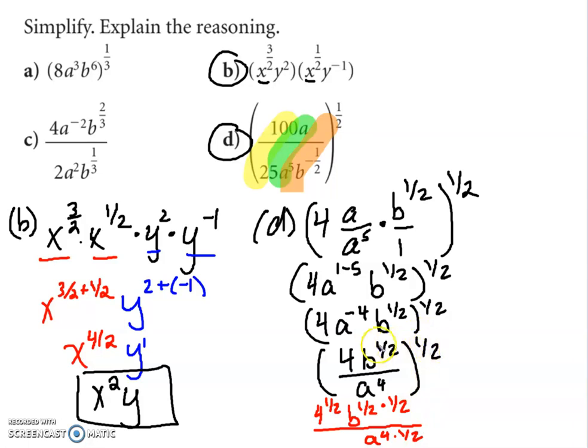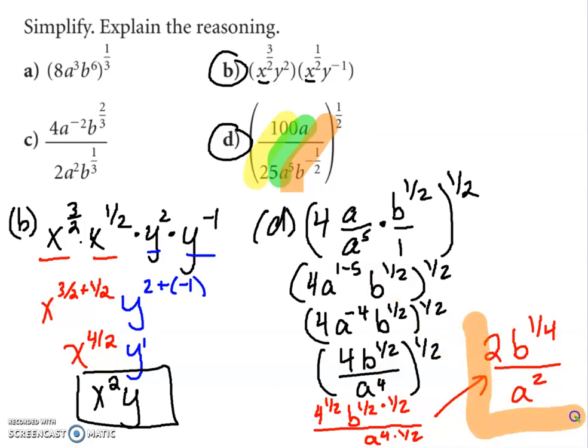So we're multiplying the exponents by each of the exponents, but we can't forget to also apply it to that 4. So 1/2 of 4, that's the square root of 4, which is 2. 1/2 times 1/2 is 1/4. And 4 times 1/2 is 2. So this would be our final simplified solution.